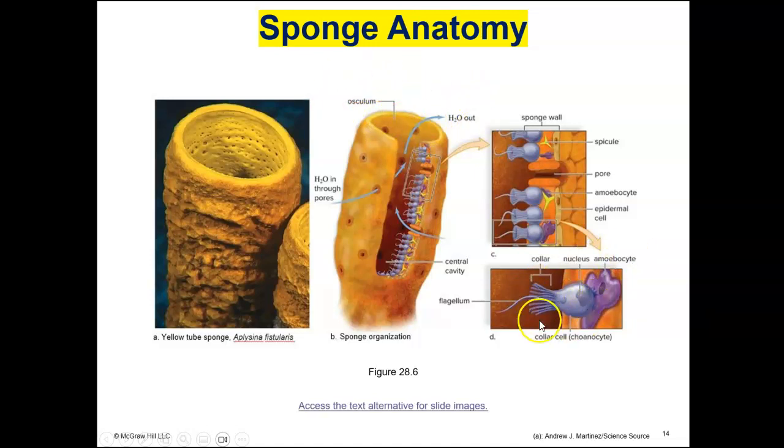The collar cell, or choanocyte, is the one that's similar to the choanoflagellates, the protozoans that are thought to be most closely related to the animal ancestor. And then we have some epidermal cells. We have an amoebocyte, which is where the digestion occurs, and spicules, which give the sponge a kind of skeleton.